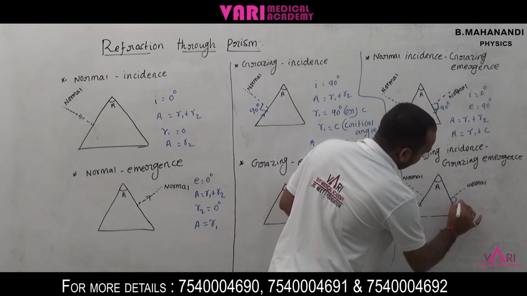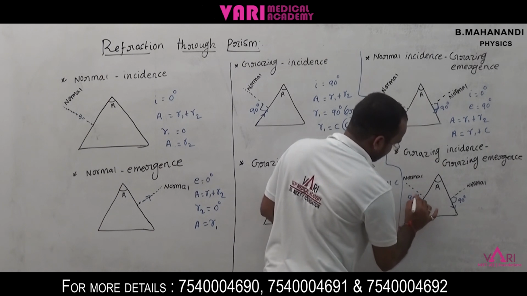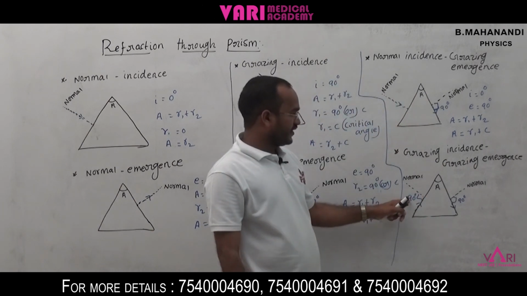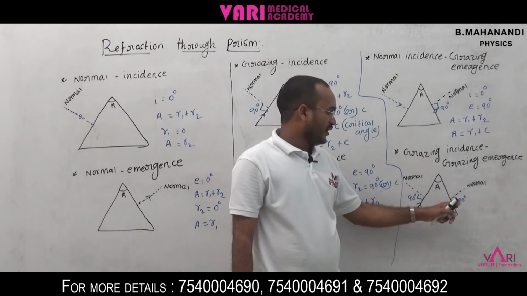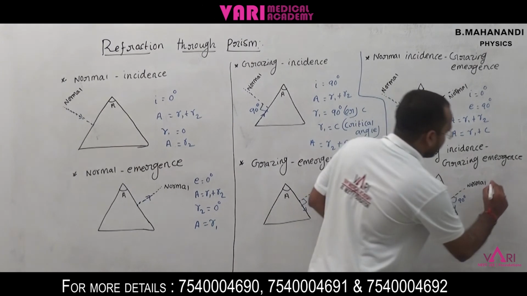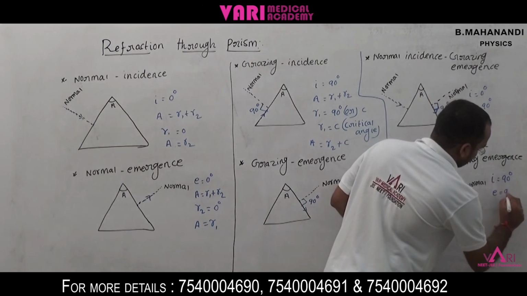This perpendicular angle is 90 degrees. Now the incident angle is 90 degrees and the emergence angle is also 90 degrees. I equals 90 degrees, E equals 90 degrees.